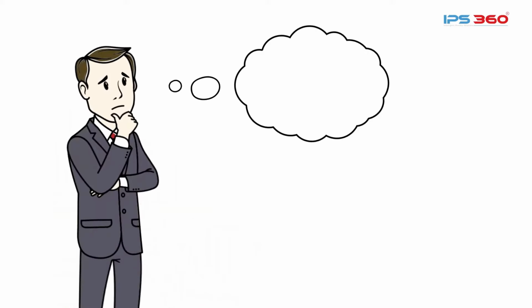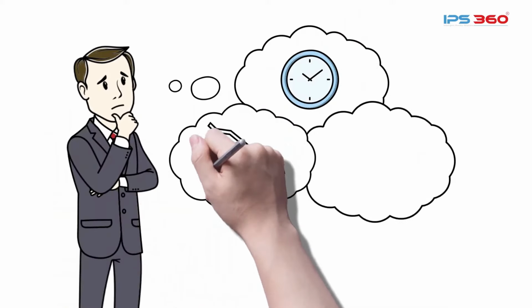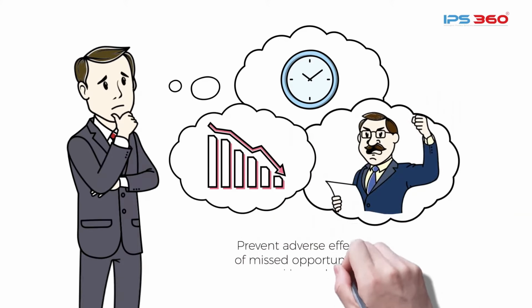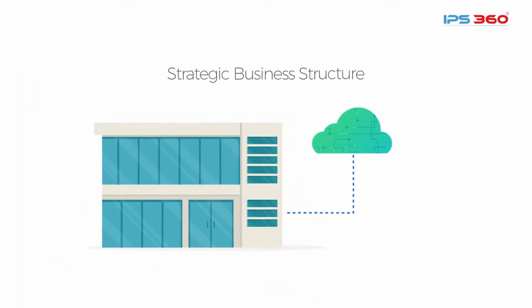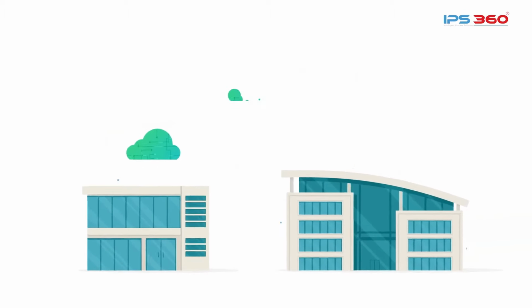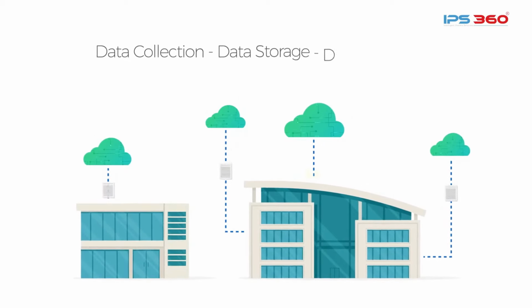Number two, meron din siyang real-time data access. One of the hallmarks of EIS is providing executives with real-time data. So the IPS 360 ESS collects and distributes data to strategic layers in real time, allowing for immediate insights and decision making.